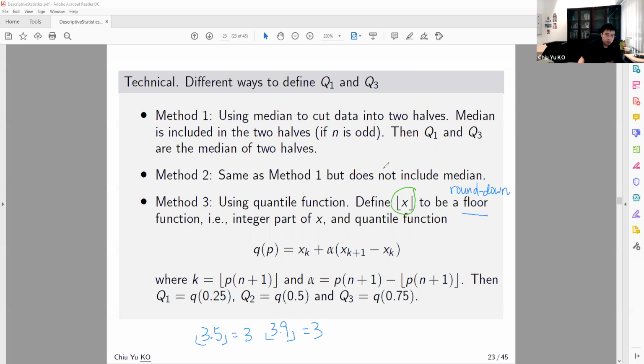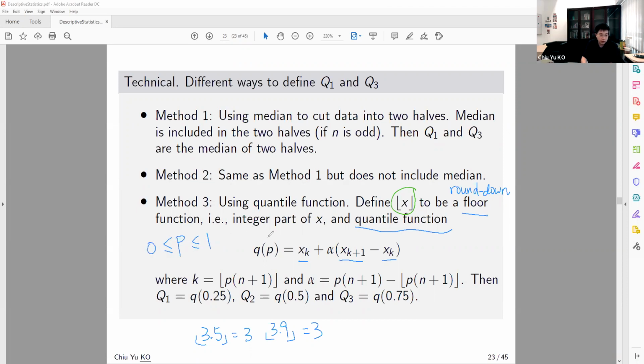What we want to do looks complicated, but look at the following. Let's first define the quantile function. This is a definition independent of the first quartile and third quartile. For the quantile function, p is a value between 0 and 1.